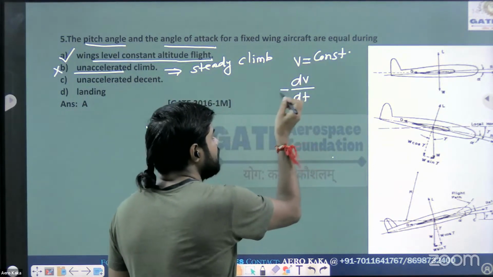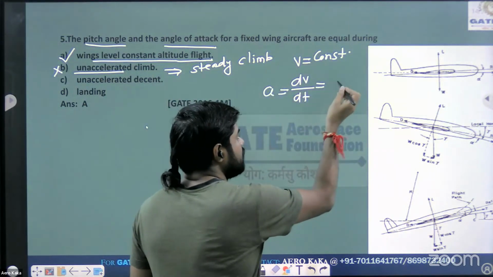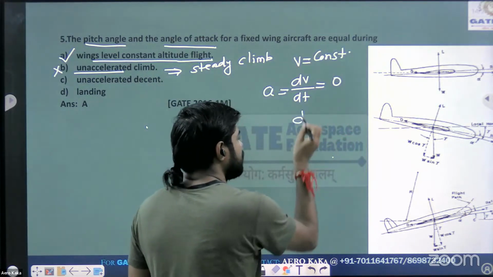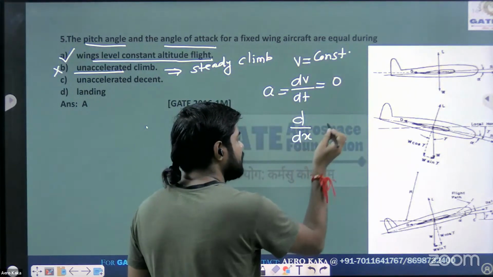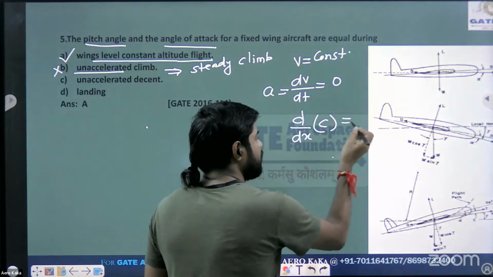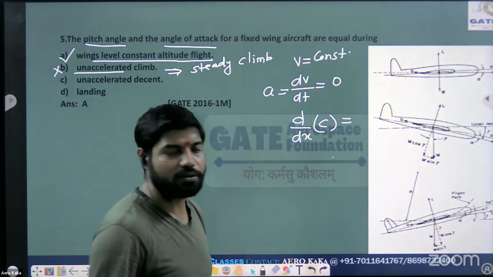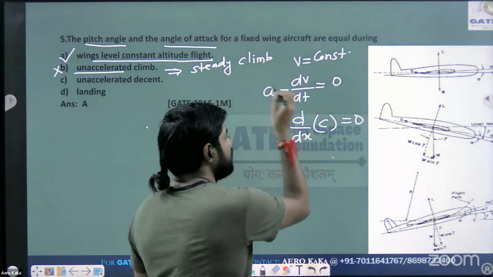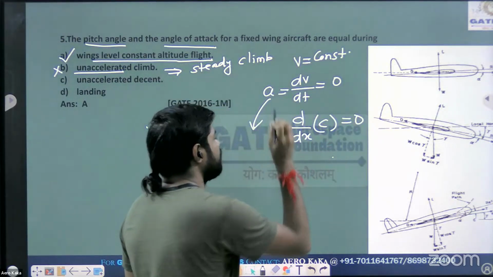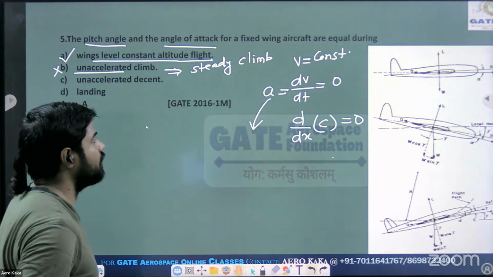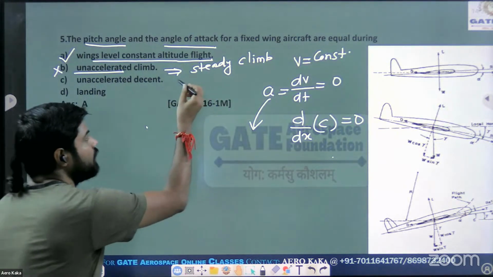And this dV upon dt is nothing but acceleration. So this value is 0. Why? Because if you differentiate any constant, let's say this is c, what is the differentiation of any constant? It's 0 only, right? So a is equal to 0. It means it's an unaccelerated flight.